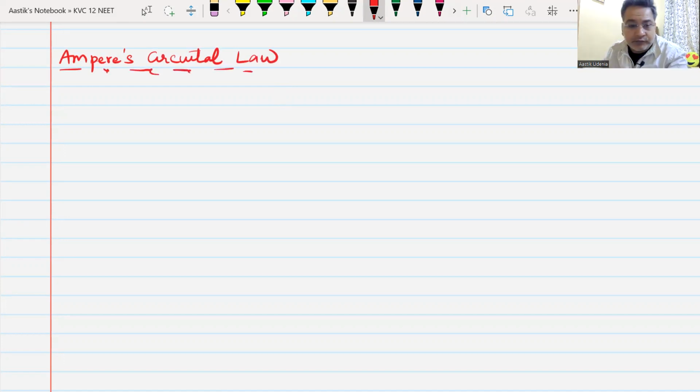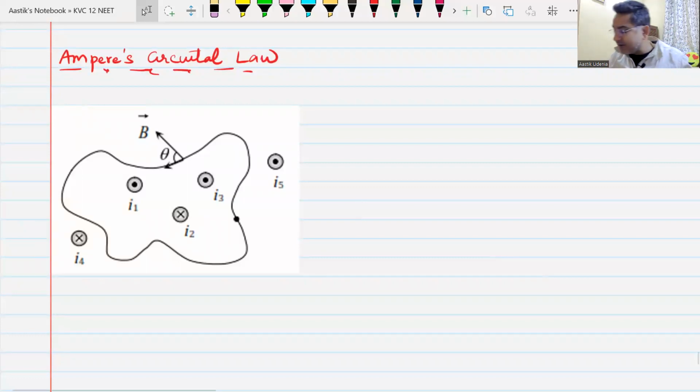Now, suppose you have a loop and you have some current carrying wires coming in that loop. So, this is the diagram that we can have. Suppose you have a lot of current carrying wires.